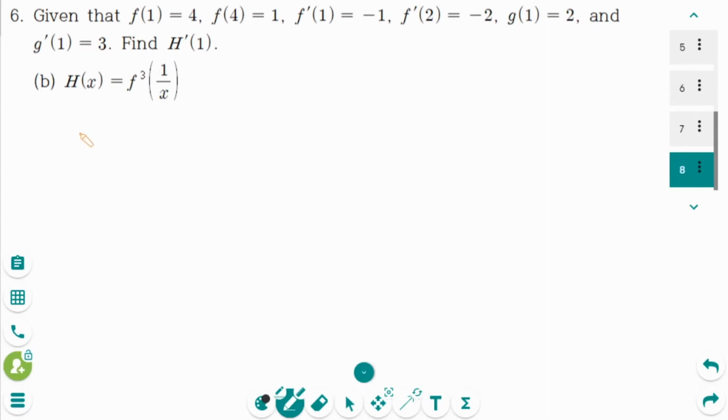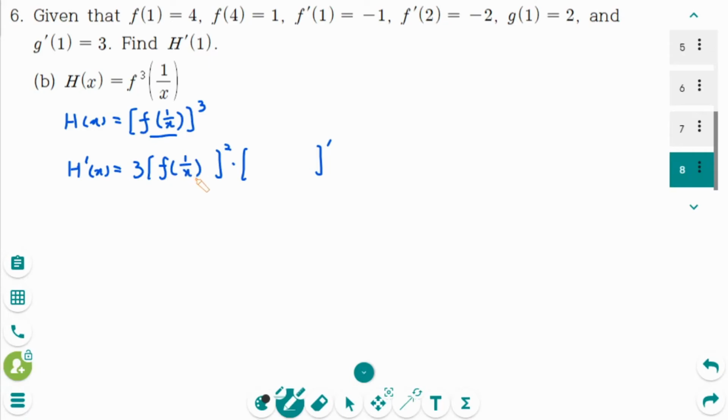Number B, we can rewrite as h of x equals f of 1 over x to the power of 3. Then h prime of x equals, this is u, 3u squared times u prime. So inner function is f of 1 over x.